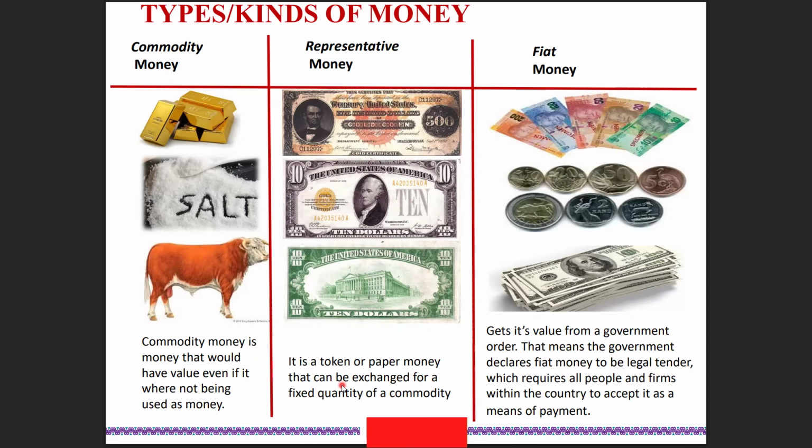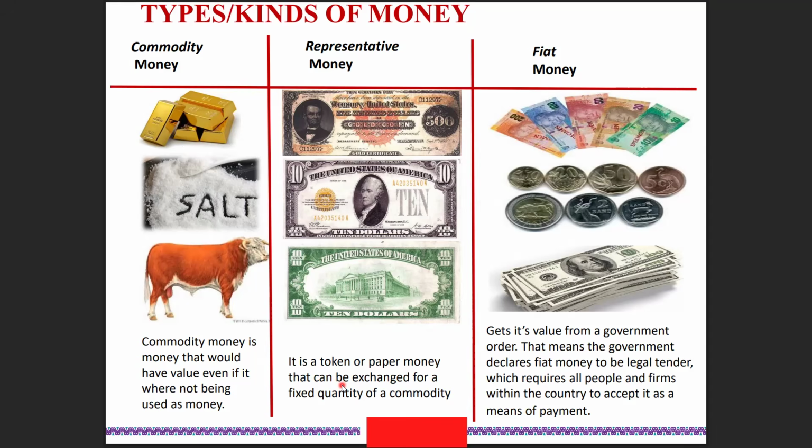If you have that coin, it means with that coin you can only buy 5 cows, right? Or if it's written 5 ounces of salt or whatsoever, you can only buy the fixed quantity of whatever is on that coin. So it could only be exchanged for a fixed quantity of a commodity, right?